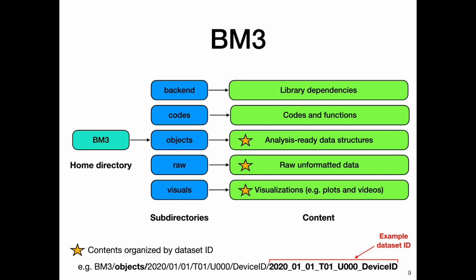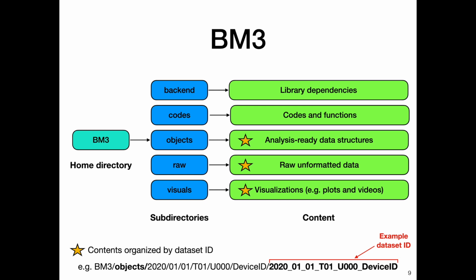Files in the objects, raw, and visuals subdirectories are organized by a dataset ID, which is a string that uniquely identifies a dataset. An ID is defined by the year, month, day, trial, user or participant, and device corresponding to a dataset.